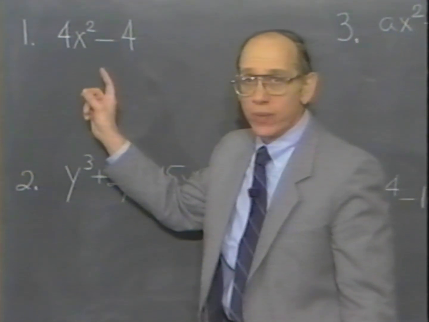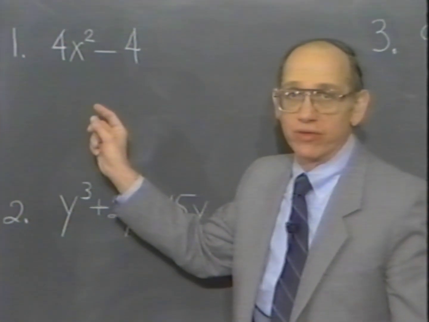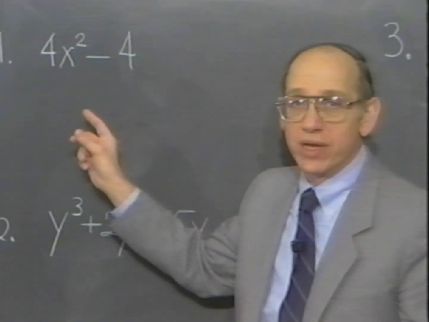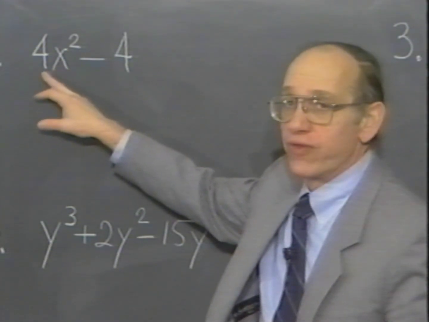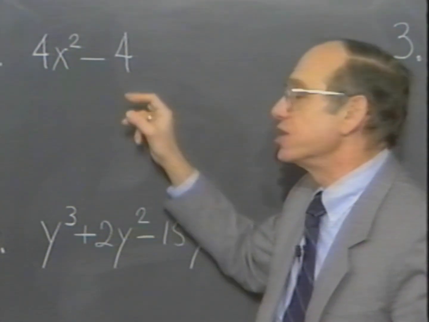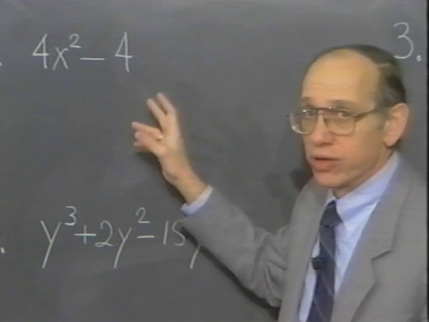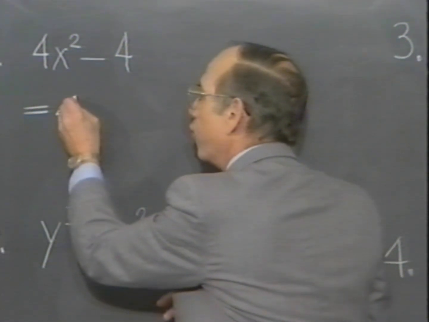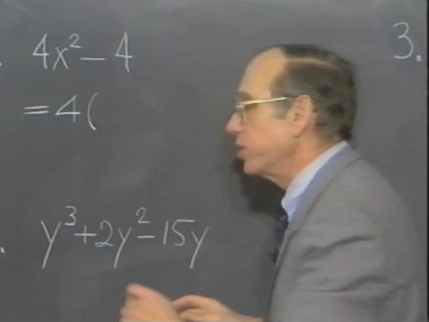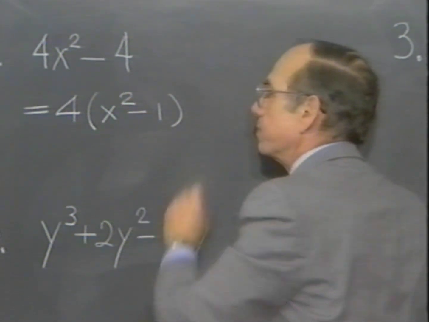Now, the first thing we're going to look for, the simplest kind of factoring, is monomial factoring, that is, removing a common factor. In this case, 4x squared contains the factor 4, and minus 4 contains the factor 4. Because that's really 4 times minus 1. So we first factor the 4, writing this as 4 times x squared minus 1.